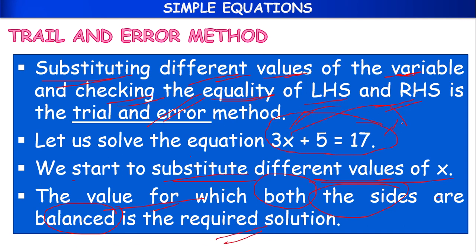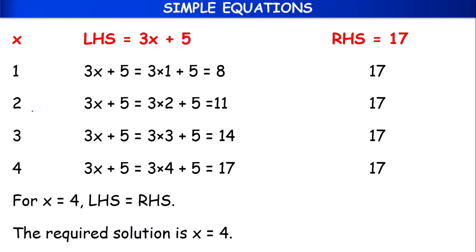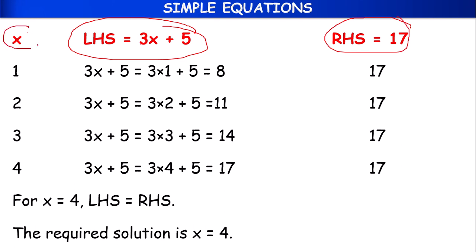The value of x for which both sides are balanced, that value is considered as required solution for the given equation. Suppose we are in the equation LHS equal to 3x plus 5, RHS equal to 17, and the variable is x, in which we are going to substitute different values.